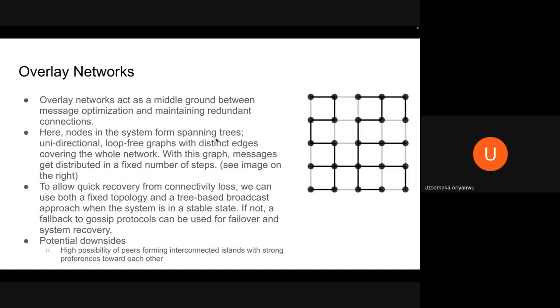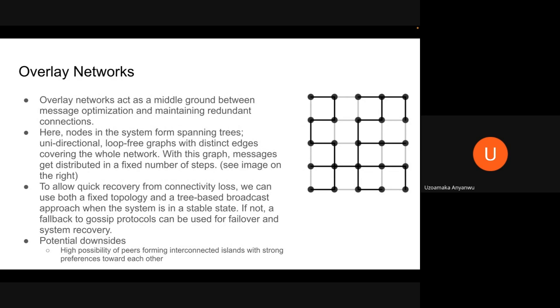So this is overlay networks. Typically, they act as a middle ground between message optimization and maintaining redundant connections. Nodes in the system form spanning trees.